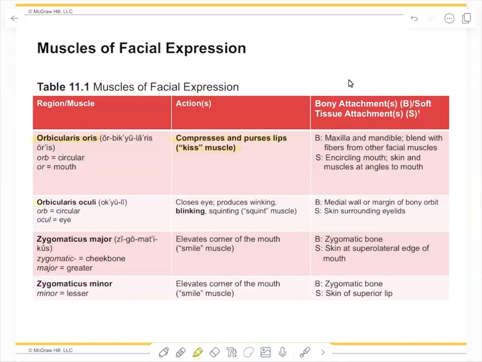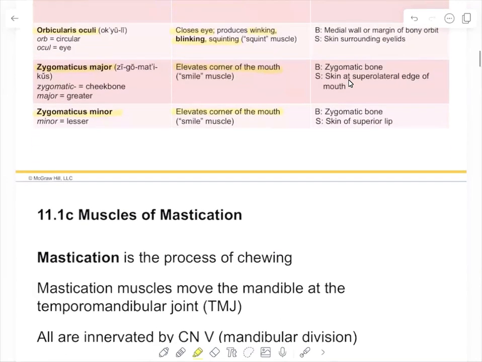The orbicularis oculi muscle is responsible for closing the eye, so it's used in winking, blinking, or squinting. We then have the zygomaticus major and the zygomaticus minor, both of which have the same exact action. So they're thought of as the smile muscle, and in particular, they elevate the corner of the mouth.